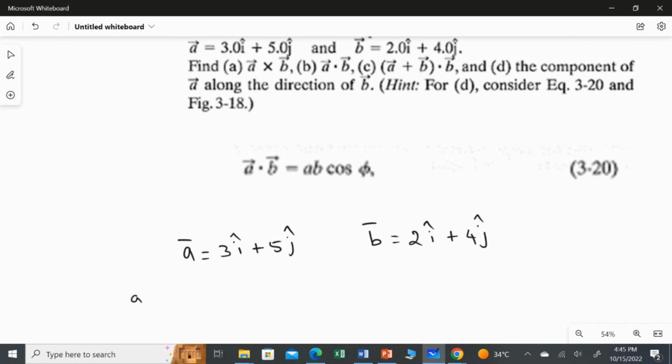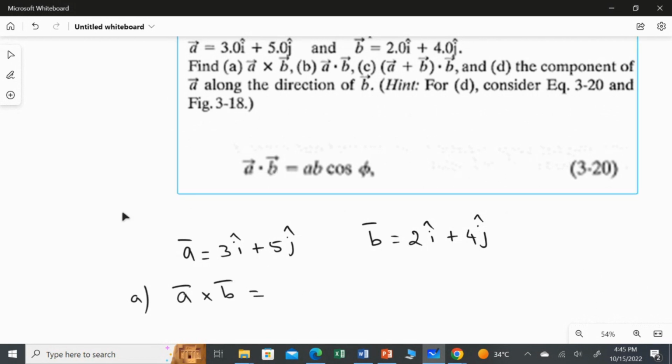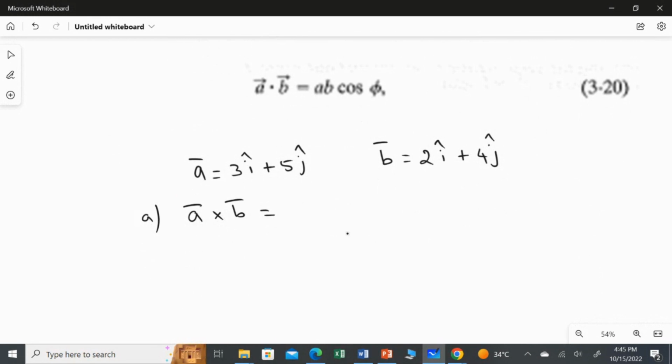So first I'm going to find the value of A vector cross B vector. We have to go for ijk method, because whenever cross product comes, we have to go for ijk method. So i j k, as I already mentioned, i carries the value of positive, j carries the value of negative, k carries the value of positive.